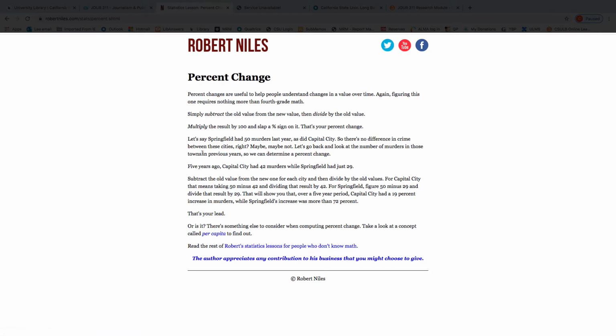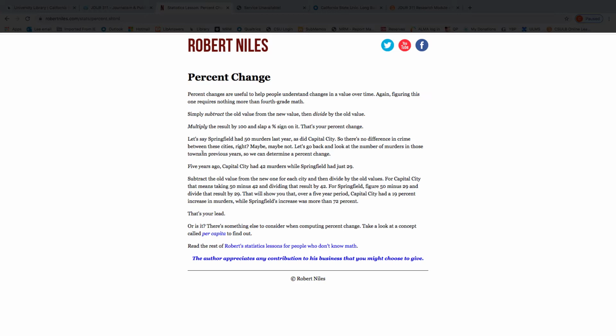Percent changes are one of the things that reporters sometimes have to calculate themselves. So it's important to know how to calculate a percentage change. How much did a budget go up? How much did tuition go up? How much did the murder rate change?